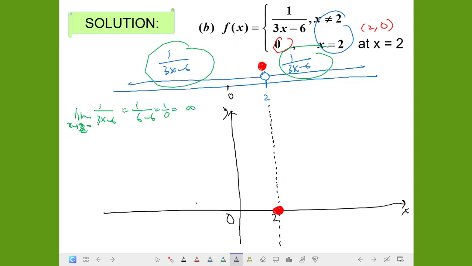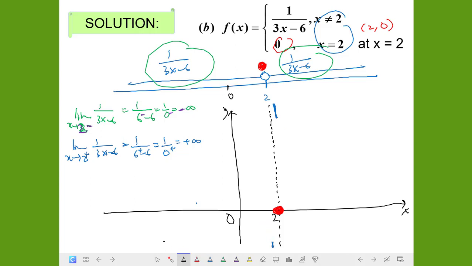Check: 2 from the left means 1.99 something, so 3x is less than 6, so it should be negative. And check the limit of 1 over 3x minus 6 as x approaches 2 from the right: 1 over 6 minus 6. 2 from the right is 2.001, so 3x is greater than 6, this is 0 plus, and so positive infinity. So positive infinity from the right, and negative infinity from the left.